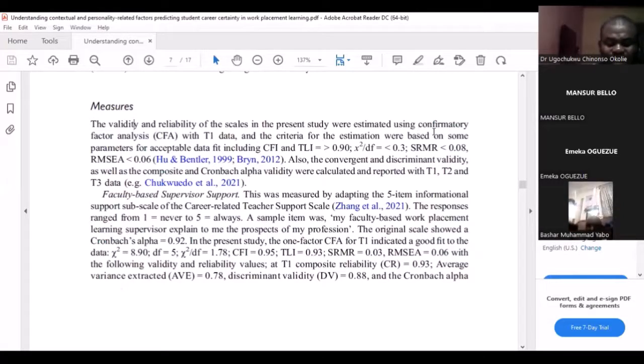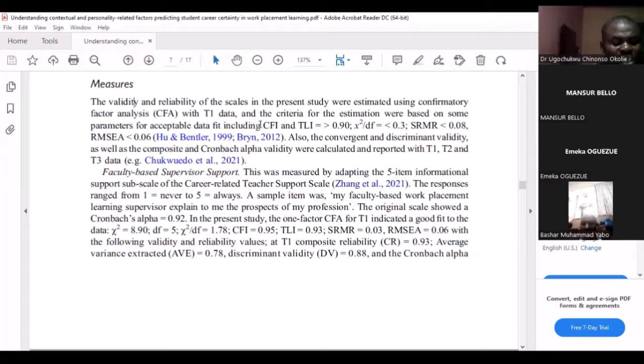And the criteria were as follows. The comparative fit index CFI, Tucker-Lewis index TLI, and incremental fit index IFI have to be at least above 0.9. The chi-square divided by degrees of freedom must be less than 0.3.